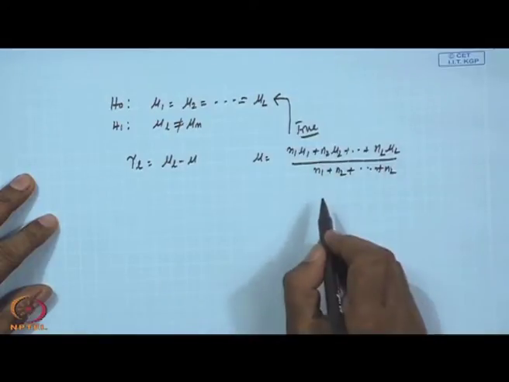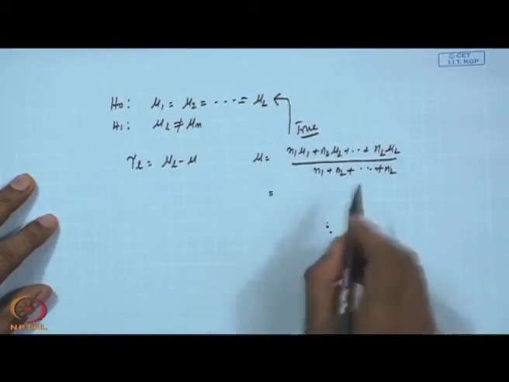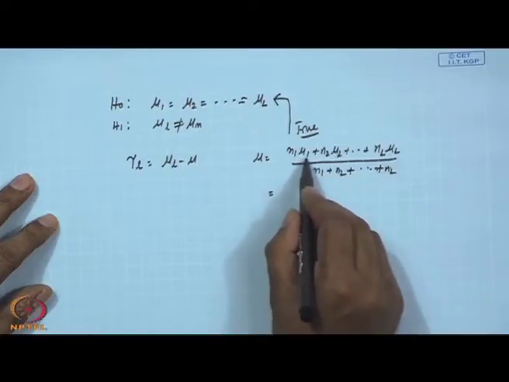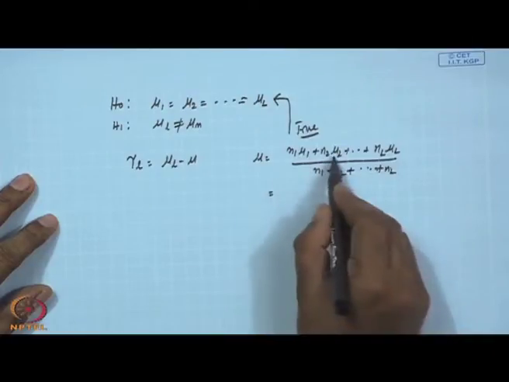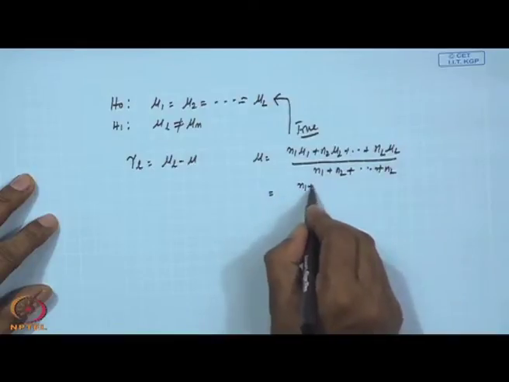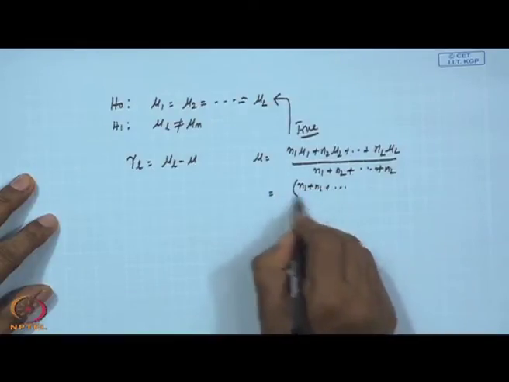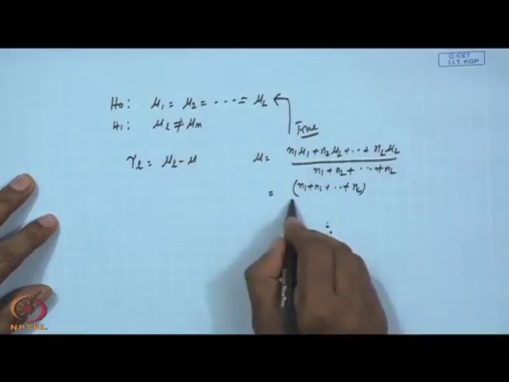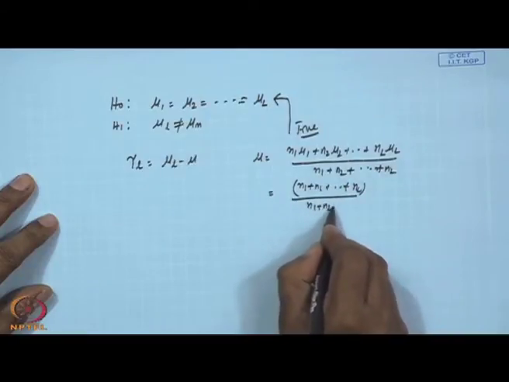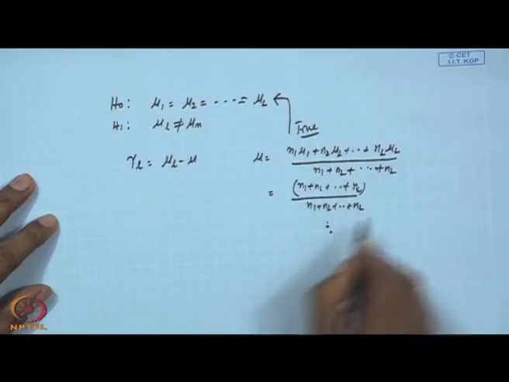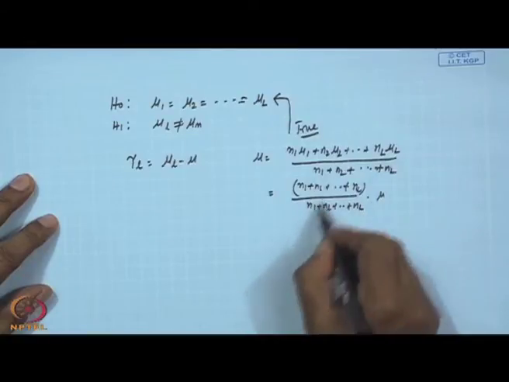If all means are equal, we can write mu 1 equal to mu 2 equal to mu L, so it will be (n1 plus n2 plus dot dot dot plus nL) by (n1 plus n2 plus dot dot dot plus nL) into mu, because this will be cancelled out.